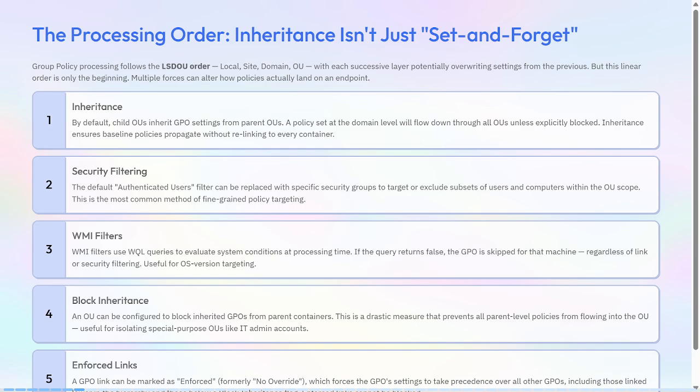But here we can block the inheritance, and we can enforce the inheritance. As per my organizational rules, I don't need every domain to have its own separate wallpaper. I need my entire organization to have the same wallpaper.